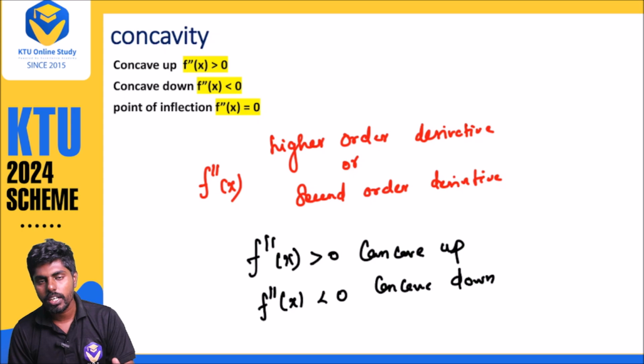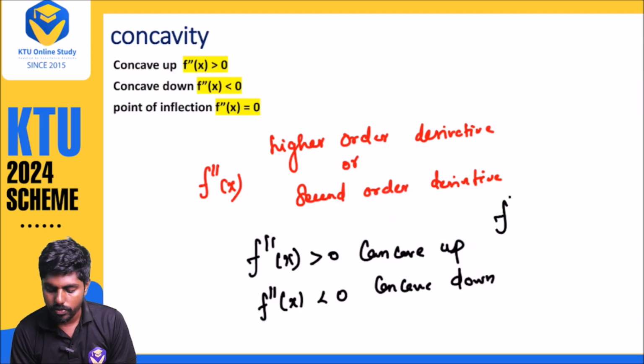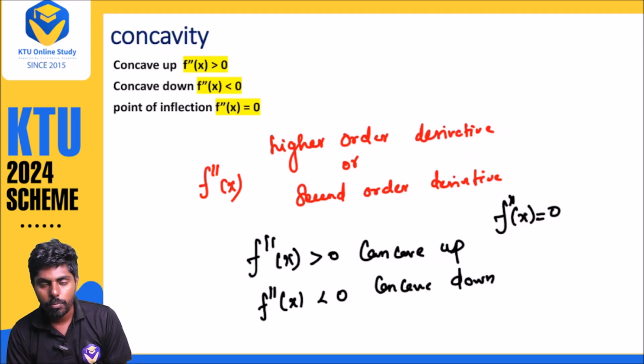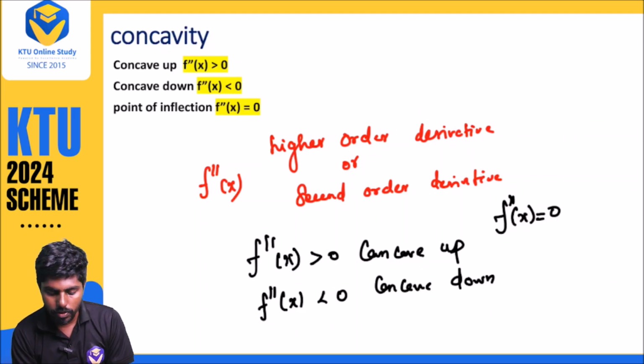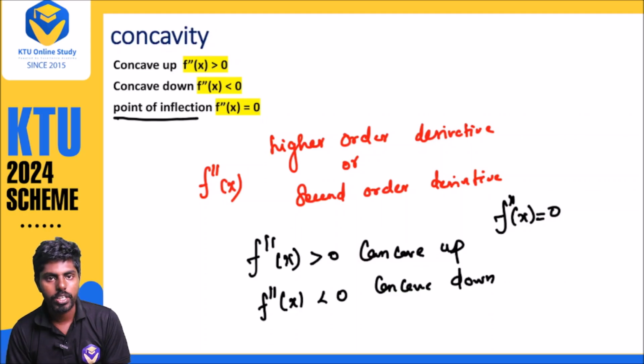If it is greater than 0, it is upward; if it is less than 0, it is downward. Now, when f double dash of x is equal to 0, we call it a point of inflection. So there are three concepts in concavity: concave up, concave down, and point of inflection.